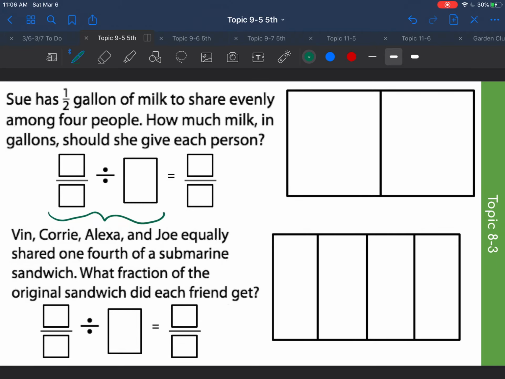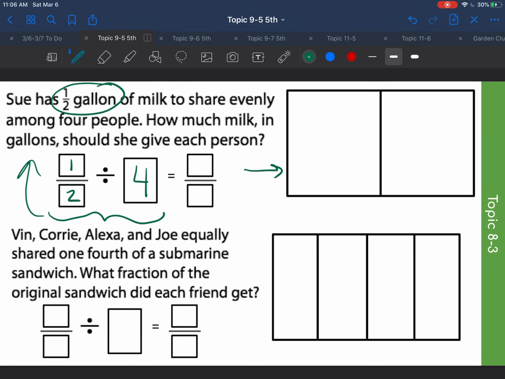What are we sharing? We are sharing half a gallon of milk. So we start the division problem with half. And then we're dividing that half gallon of milk evenly among how many people? Among 4 people. So we need to figure out what is half divided by 4.